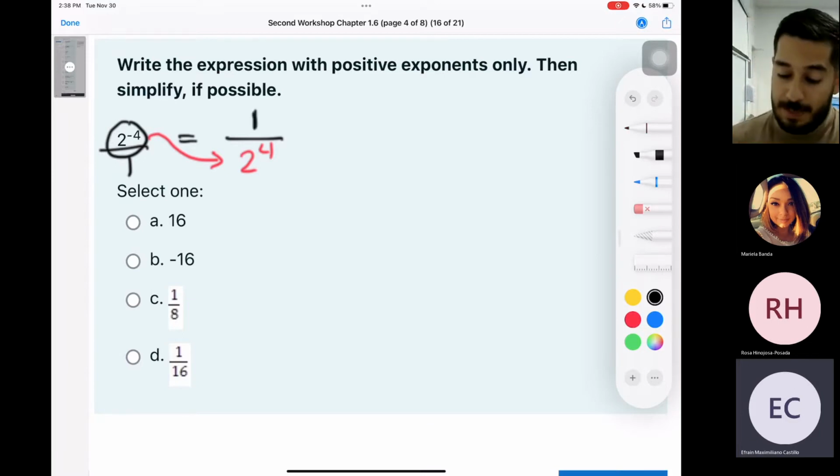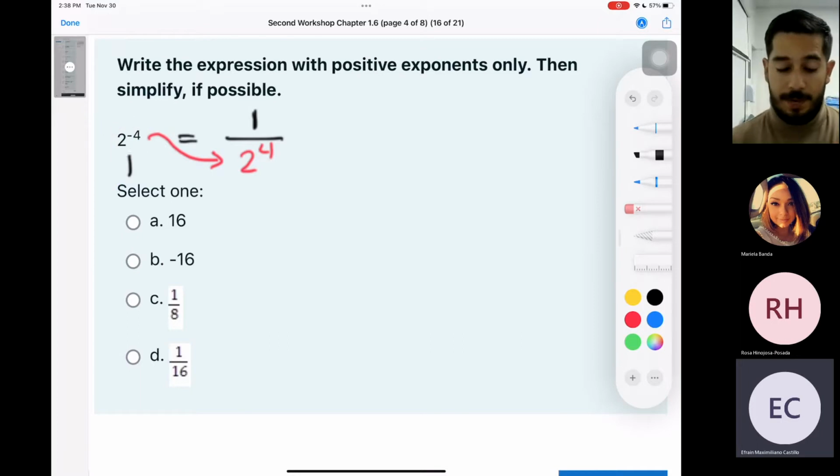It doesn't mean that I'm always changing this to the bottom and this to the top. It does not mean that; that's a different thing. But if the only thing you have in there is just an expression, and you have to move it to the bottom of a fraction, then on the top you can just leave a number 1, as in a coefficient 1.